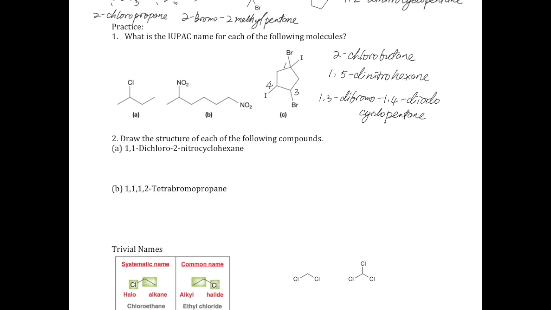So all we need to do is identify the backbone, starting off from the backbone, and then now you can number it however you want. You can put 2-chloro on the first position and nitro on the second position. You can pause the video and try out the second one.